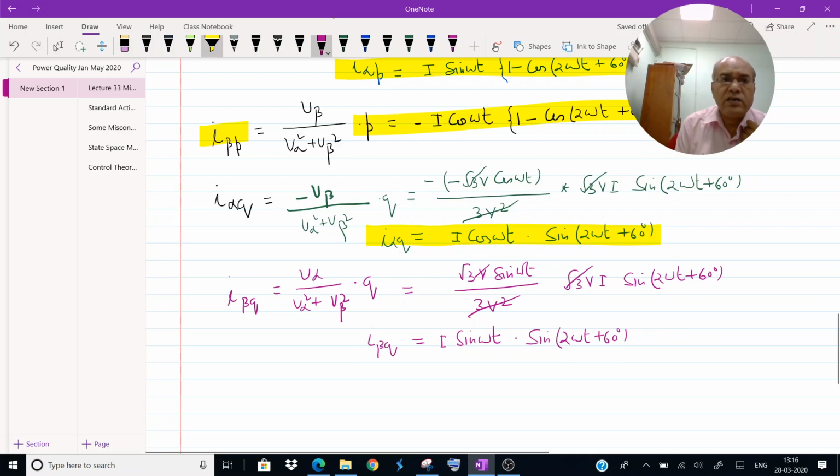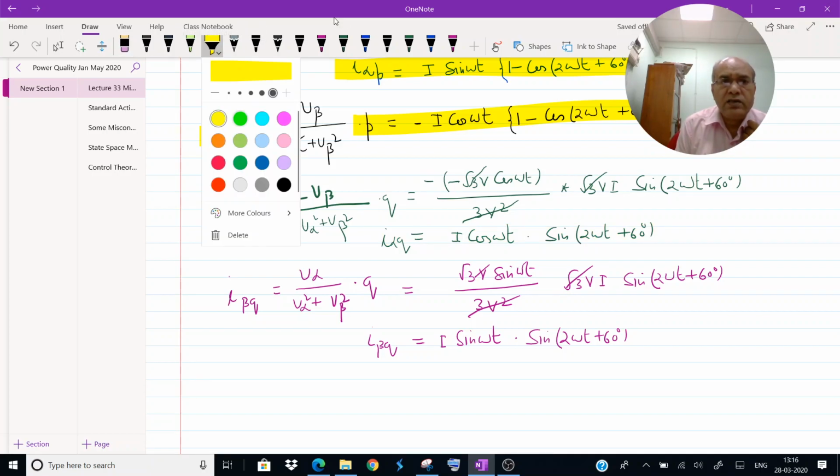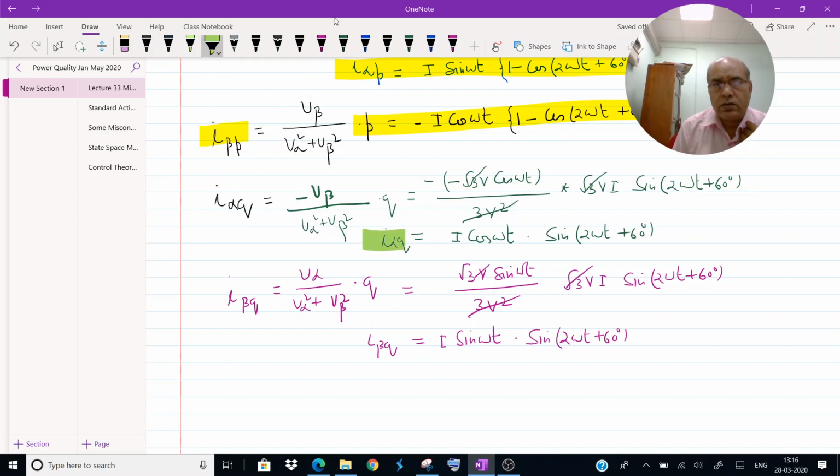I will have different colors for these currents. So maybe I can remove this and use this color for a highlight. Okay, so maybe this will be better for this and this.